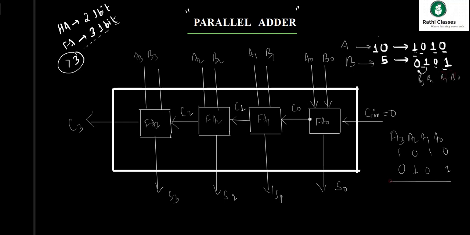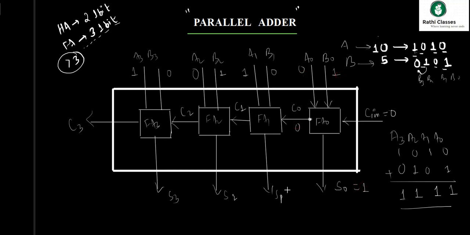First let me perform the normal addition. It will be 0 plus 1, 1. 1 plus 0 is 1. 1 and 1. Now let me provide the corresponding inputs to the full adders and see the output. So 1 0 1 0 and 0 1 0 1. If I see the output, 0 plus 1 plus 0, my sum will be 1, the carry will be 0.